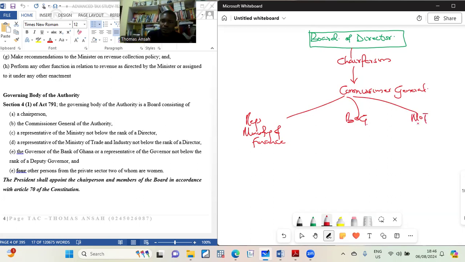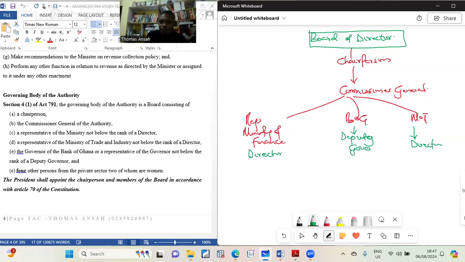Now, watch this. The rep from Ministry of Finance should not be below the rank of a director, and the one from Trade too should not be below the rank of a director. And the Bank of Ghana rep should not be below the rank of deputy governor.